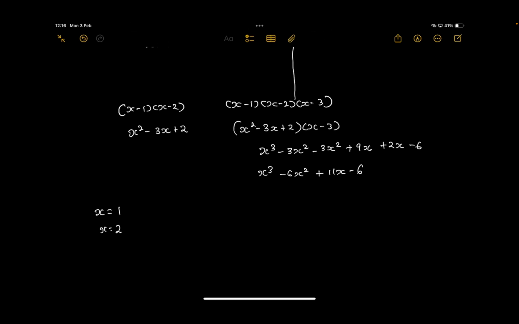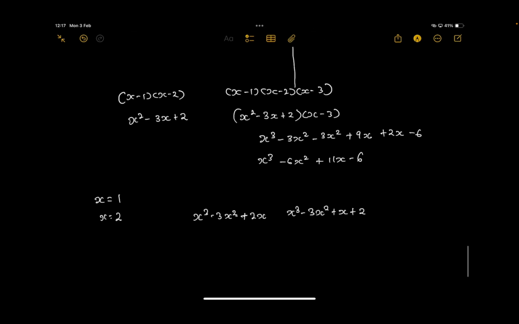Okay. Wait, let me see. What's yours? x cubed minus 3x squared plus 2x, and then x cubed minus 3x squared plus x plus 2.